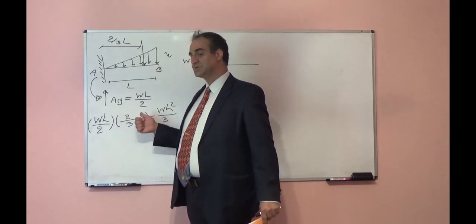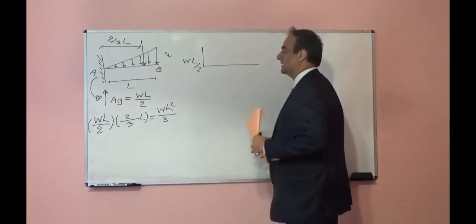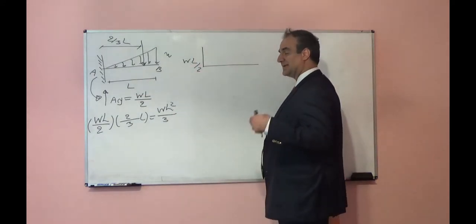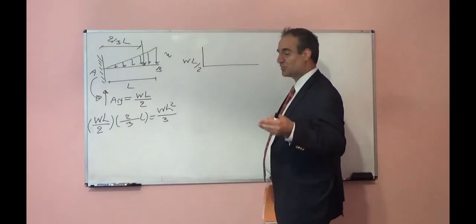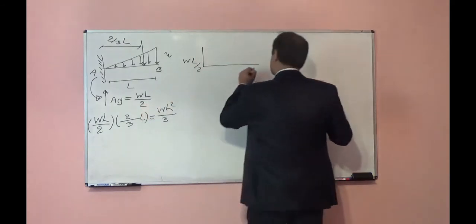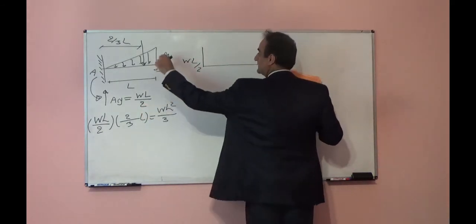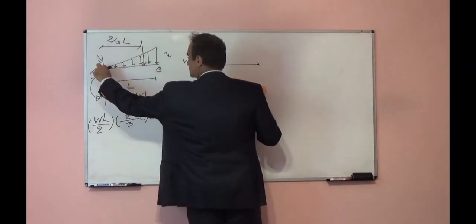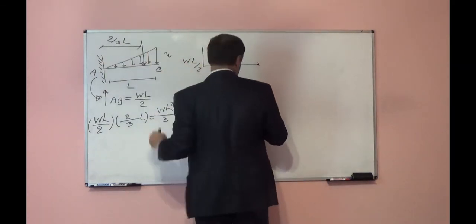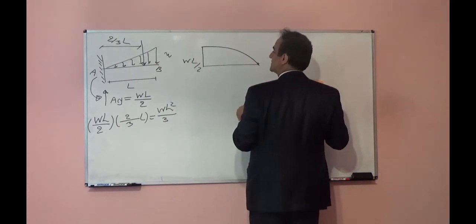So for the shear from A to B, the derivative of the shear diagram means the slope of the diagram. Shear comes from WL over 2 to 0. But the slope, meaning derivative, will increase because from A to B the intensity of load is increasing. So this will be the shear diagram.